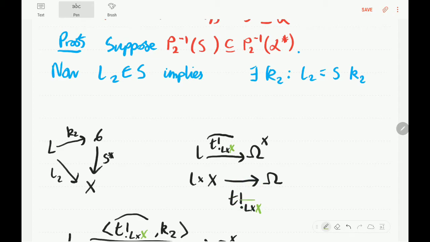And then if we just take the transpose of that, that will be an arrow from L to omega to the power of x. And I may just refer to this arrow here as Z, just for short, because it doesn't really matter what it is. Just the fact that we have an arrow from L to omega to the power of x will suffice for our argument.